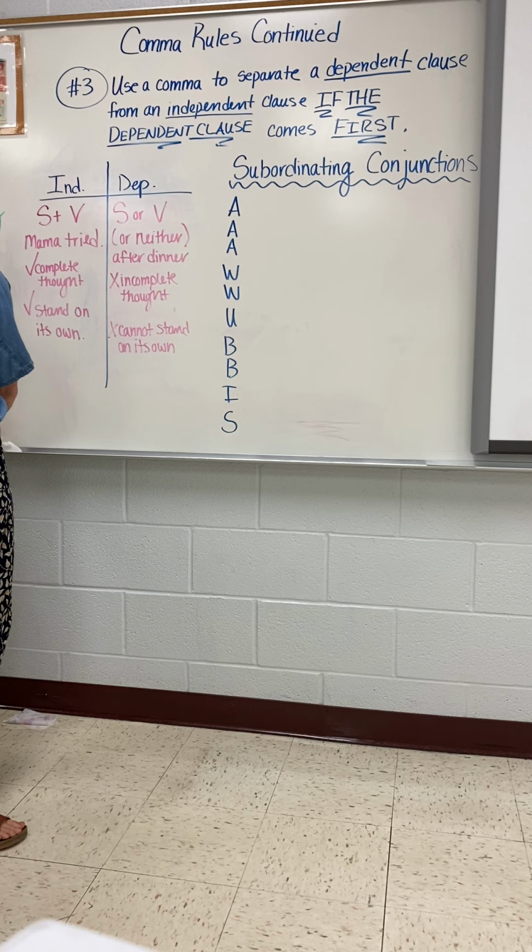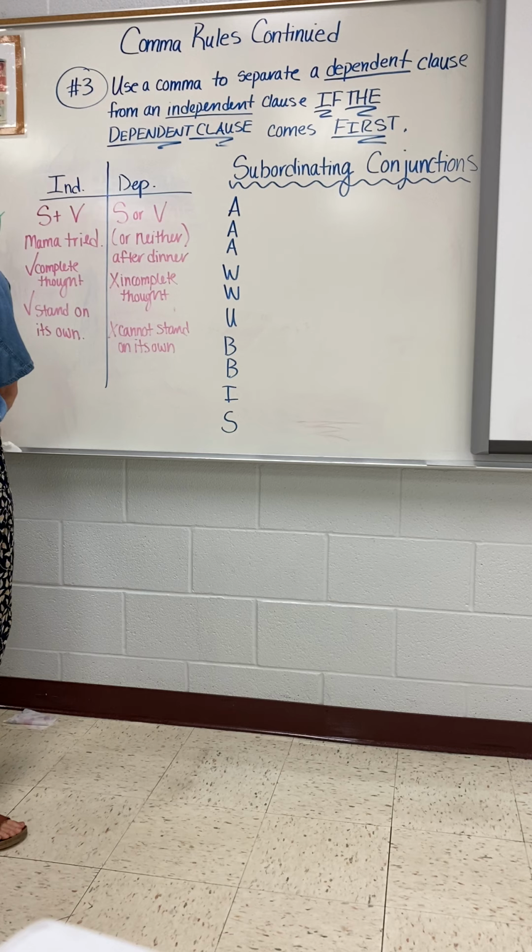So, this is an incomplete thought. That cannot stand on its own. So again, your knowledge of what an independent clause looks like and what a dependent clause looks like is going to be really, really, really important for making sure that you follow this comma rule correctly, okay?